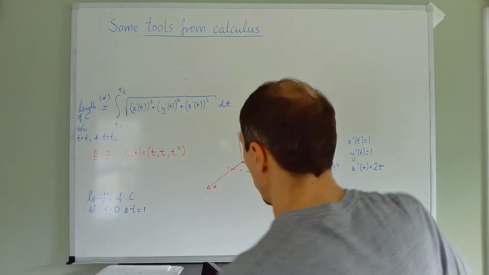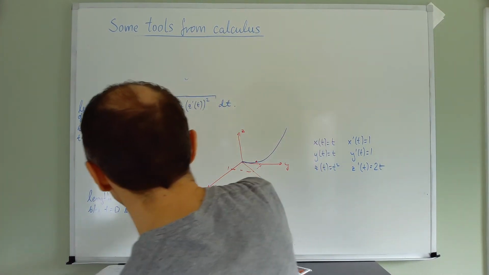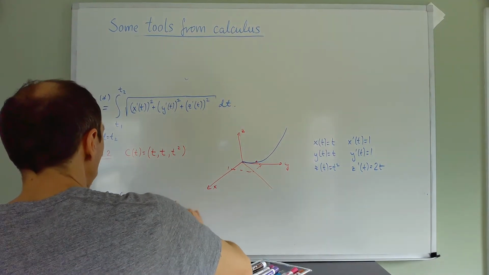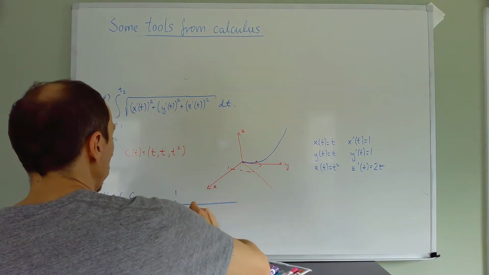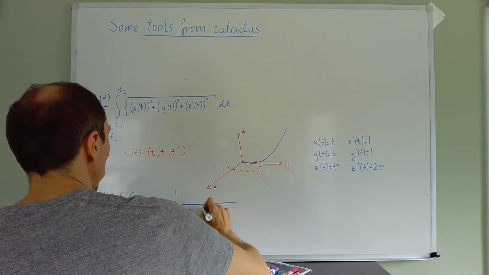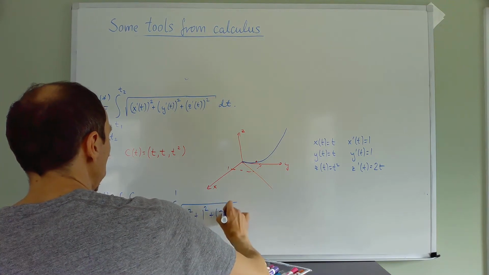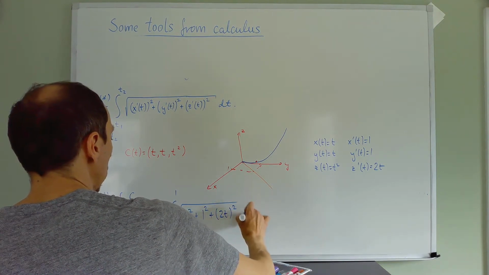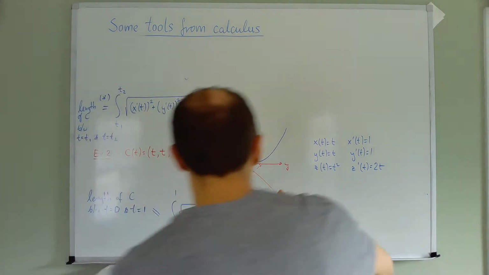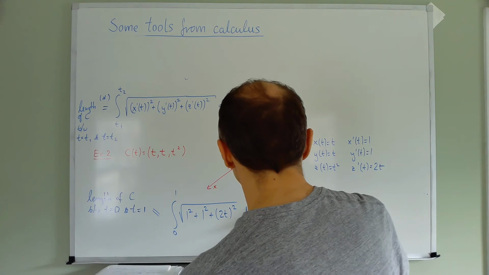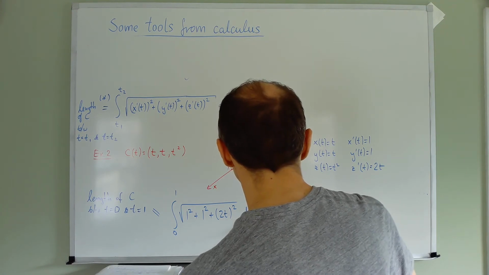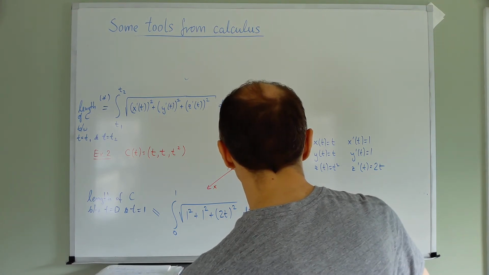So this length will be equal to the integral from 0 to 1 of the square root of 1 squared plus 1 squared plus (2t) squared dt. So that's the integral from 0 to 1 of the square root of 2 plus 4t squared dt.